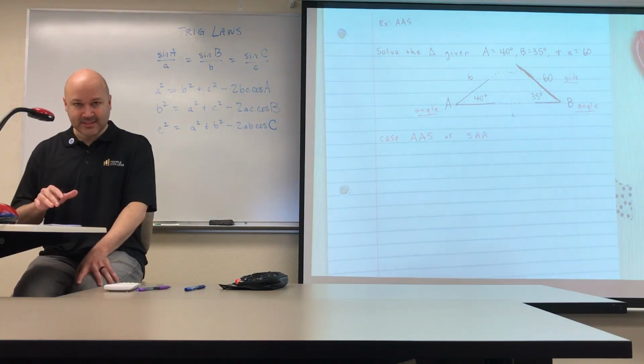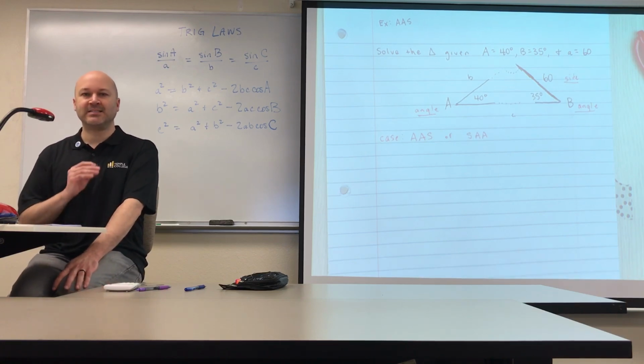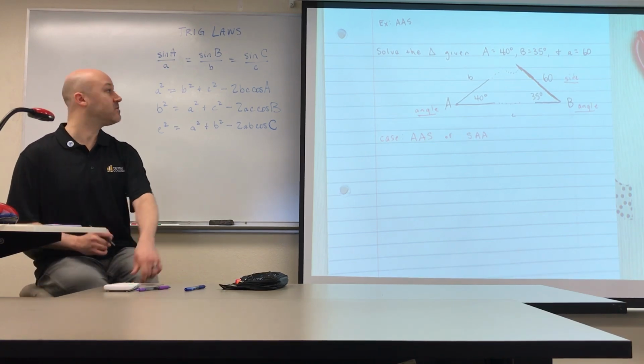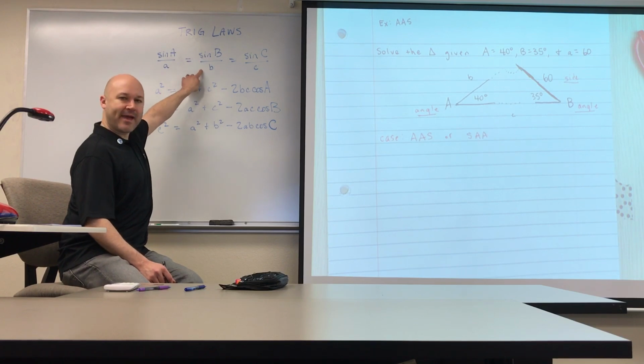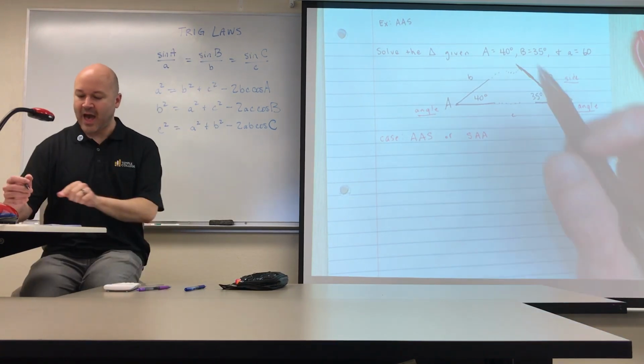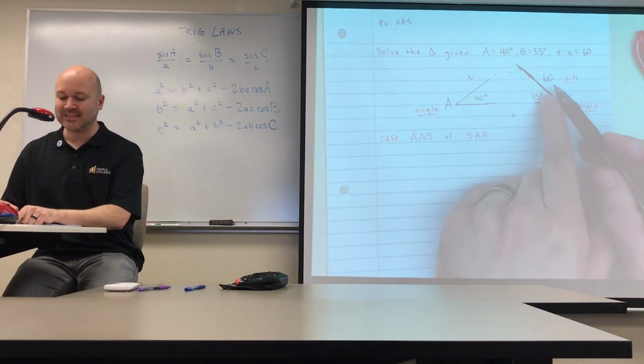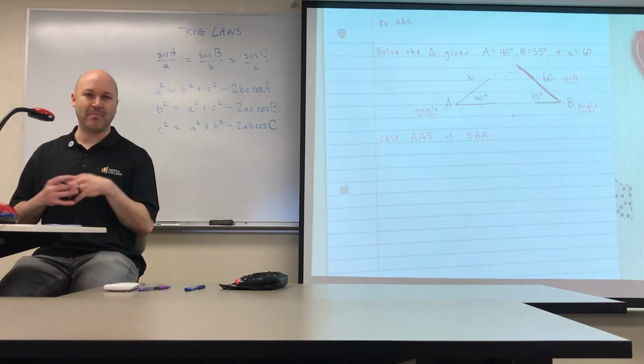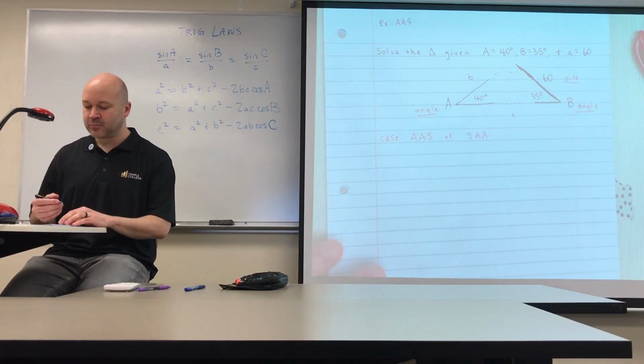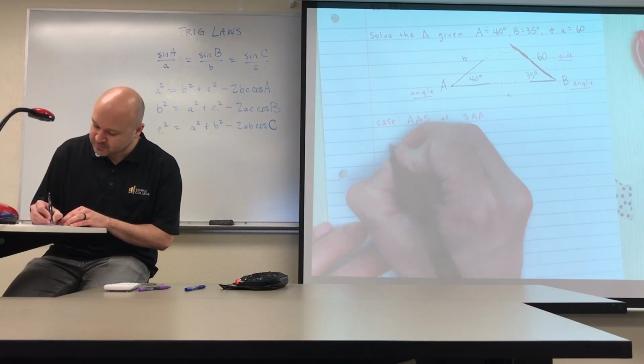Now for this case, the law of sines is perfect. The law of sines, we like to have a pair of information. So I was given angle A and little a. So this is just begging us to use the law of sines. So I'm going to set up the law of sines.